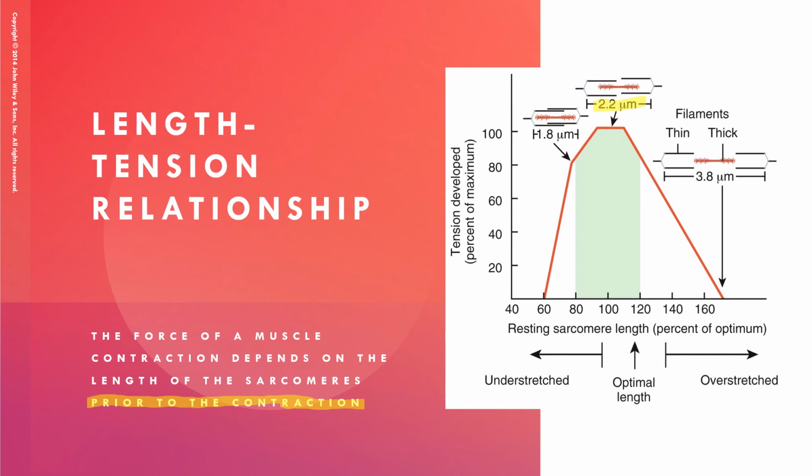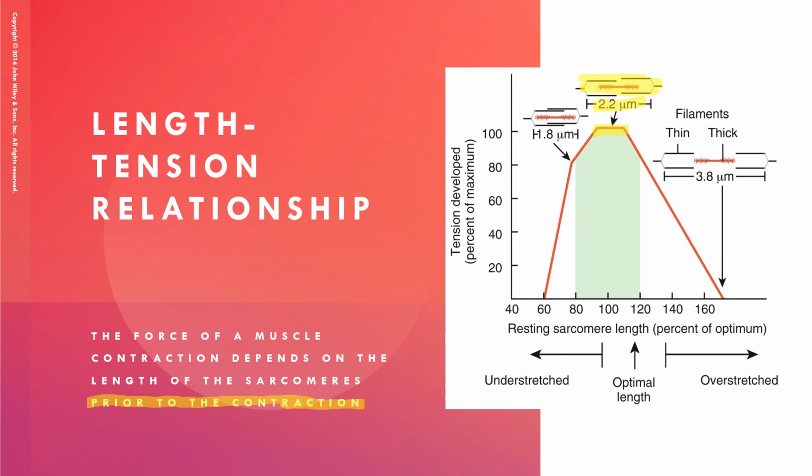You're going to see that here at the top of the graph. Notice that the maximum tension, or 100%, occurs when the zone of overlap between a thick and thin filament extends from the edge of the H zone to the end of a thick filament. So you can see that right here.